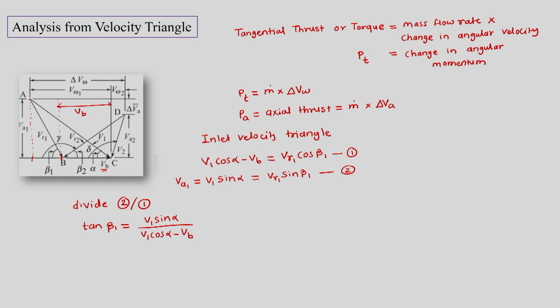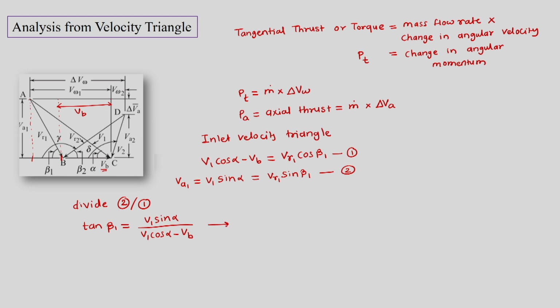So, this is our formula for finding out beta 1, since V1 would be known to us, and we have seen how to find out V1 based upon nozzle efficiency and enthalpy drop. Alpha is the nozzle angle, which is based upon the setting of the nozzle, so alpha also will be known to us. Vb is pi dn by 60, which is based upon the RPM measurement.